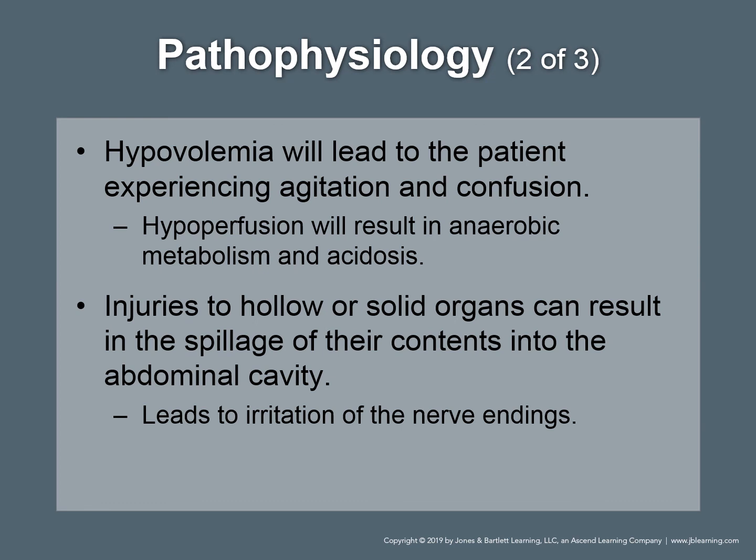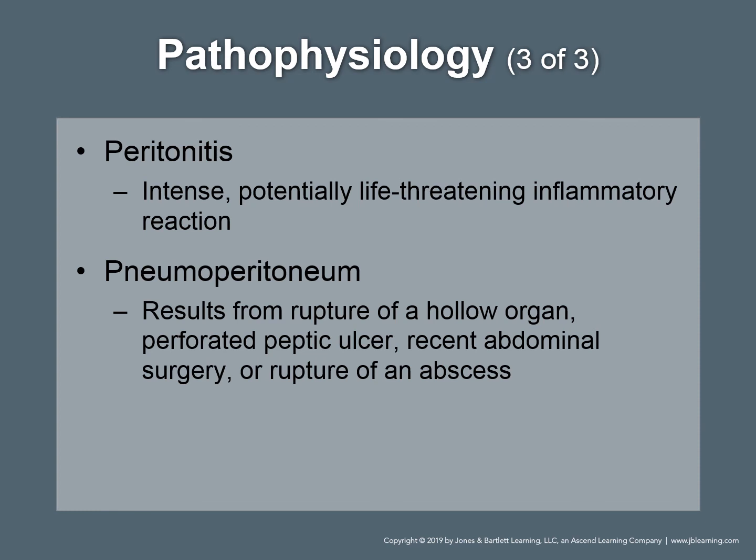Injuries to hollow or solid organs can result in the spillage of their contents into the abdominal cavity. Hence, you get the sepsis, the infection, and the severe abdominal pain when those nerve endings get irritated. So peritonitis, and if you think about the peritoneum being the lining of the cavity, we have the parietal peritoneum, which lines the abdominal cavity, and then we have the visceral peritoneum, which covers the organs.